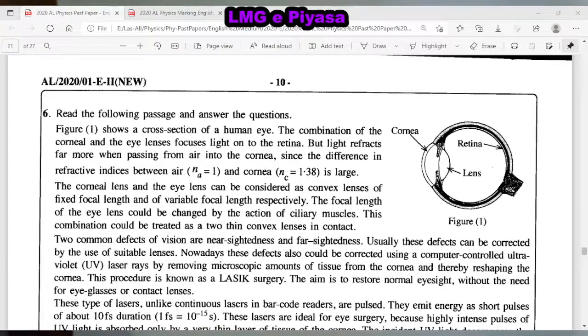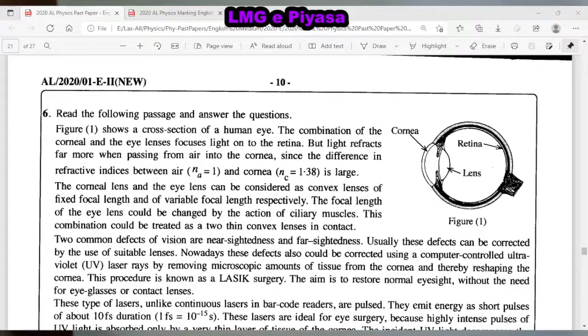But light refracts far more when passing from air into the cornea, since the difference in refractive indices is large. The refractive index of air is 1, the refractive index of cornea is 1.38, which is large.